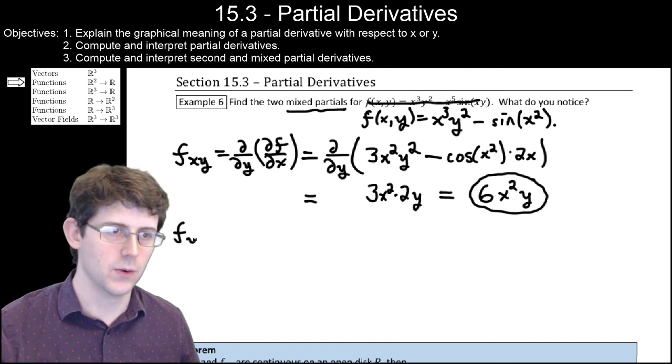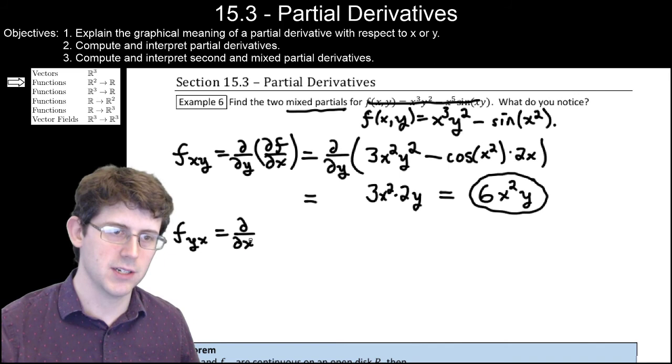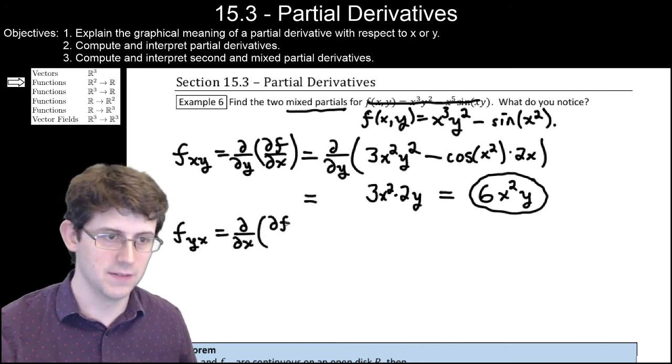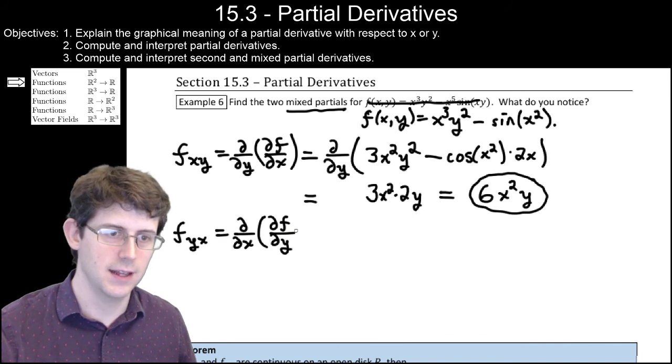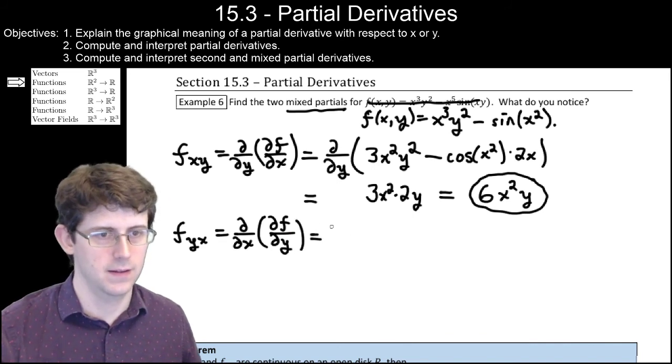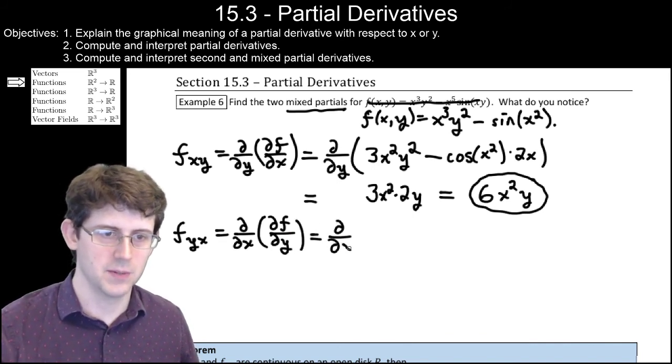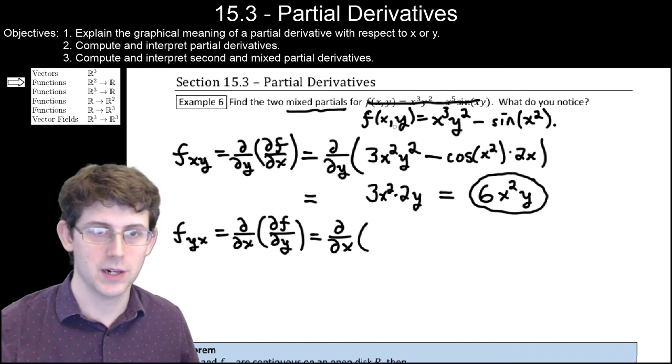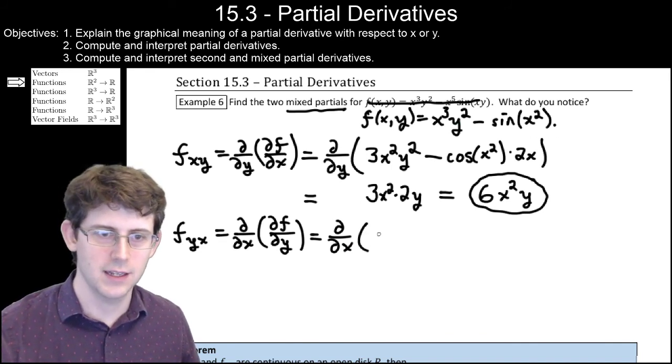Now let's do it in the other order. So we'll do the x partial derivative after, but we'll do the y partial derivative first. It's closer to the function. Let's put off partial x for a little while. Do partial y first. Here I'll get 2x cubed y from the first term.